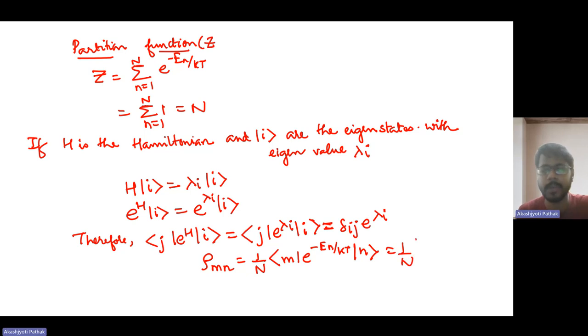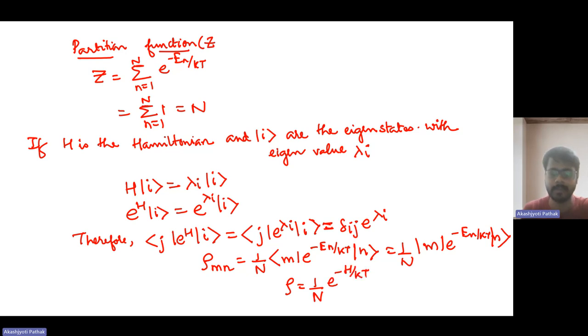So finally what we get here is that the density operator rho is equal to 1 by N e to the power minus H by kT. Okay, so did you understand this point? If we consider the Hamiltonian acting on this |i> function, then by solving all this we can get this expression. Okay.